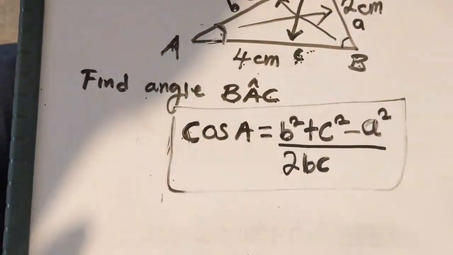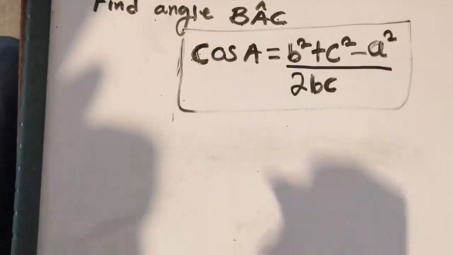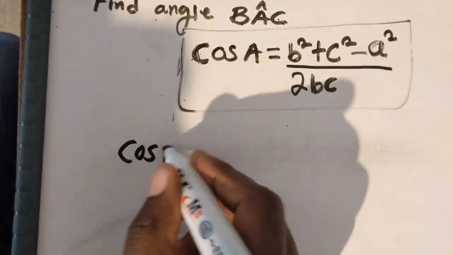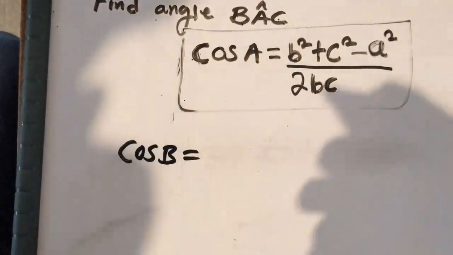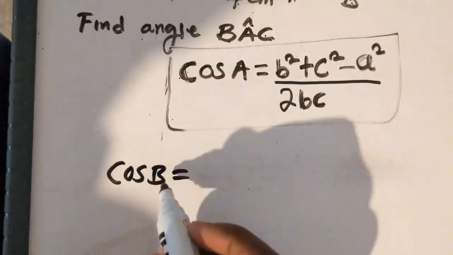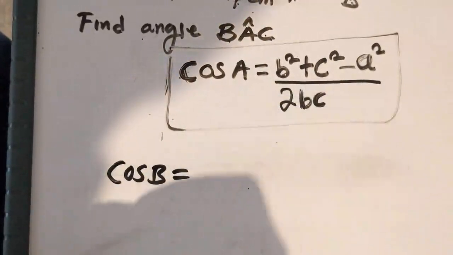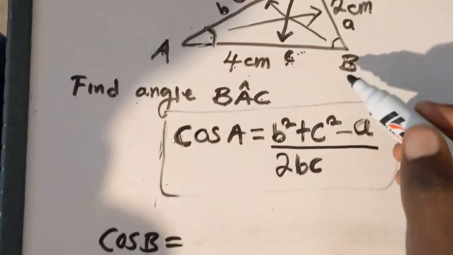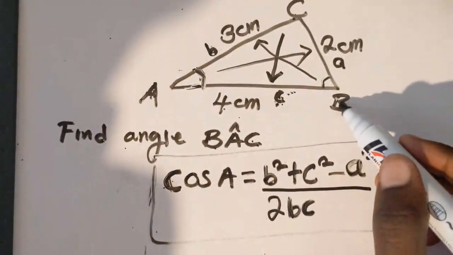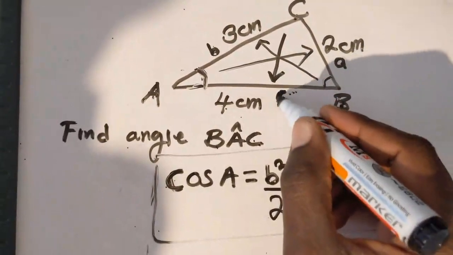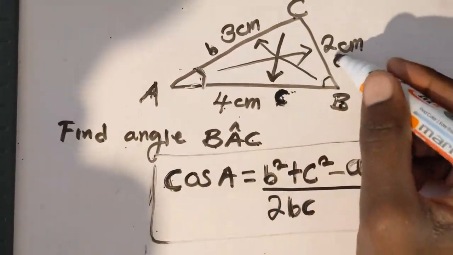Okay, so for finding cos B, we are going to say cos B is equal to, so what are the sides that put B in the middle? So here, this is B, okay? And the sides that put B in the middle, there is this and this.